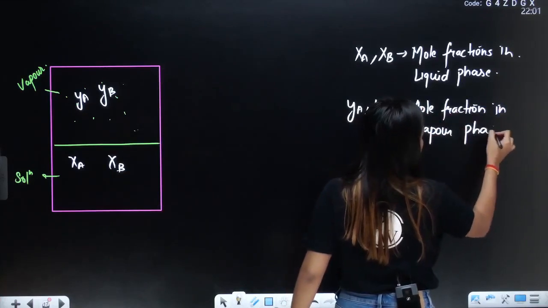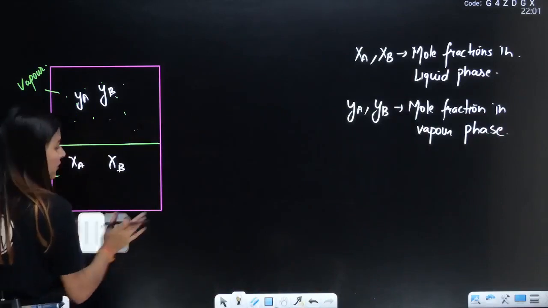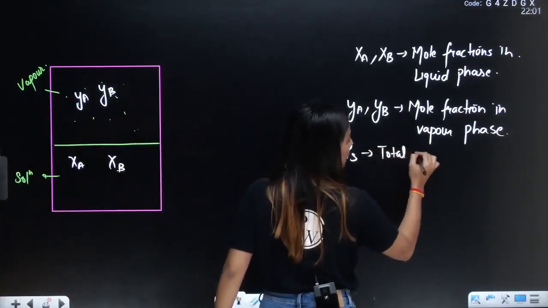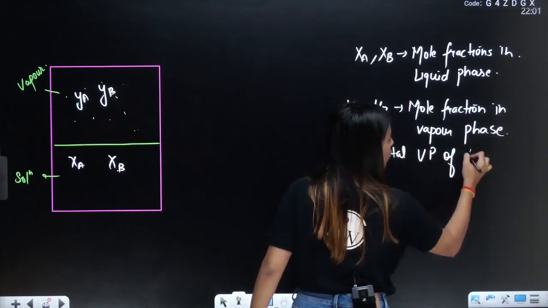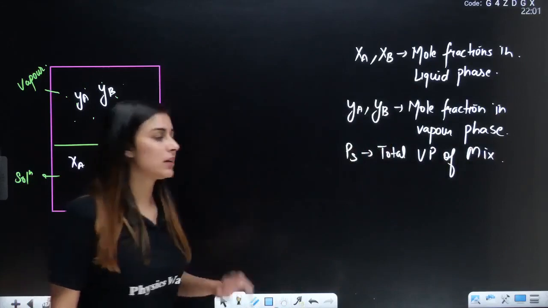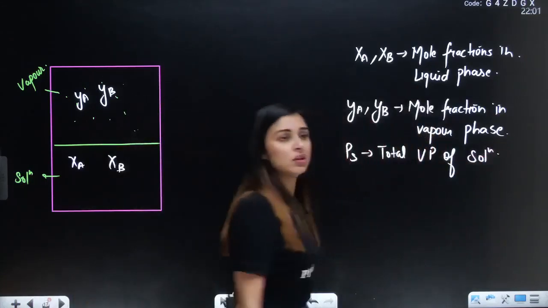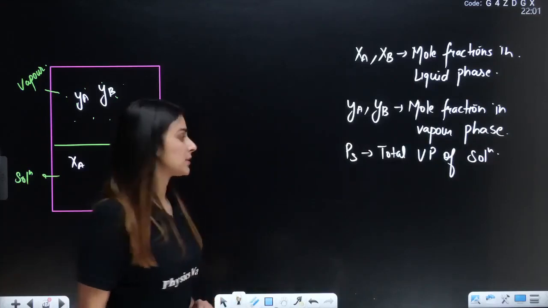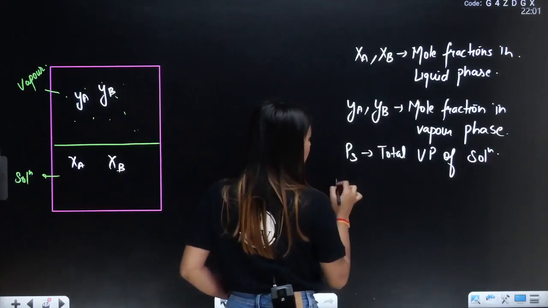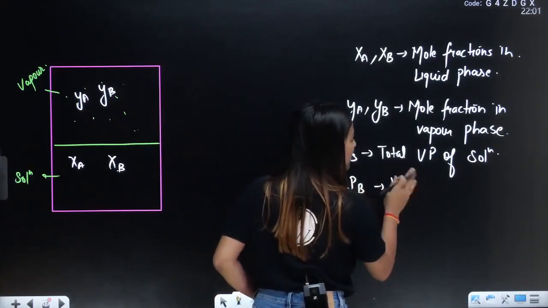And we know that PS is actually the total vapor pressure of the mixture or solution. Total vapor pressure of the solution. What are PA and PB, my dear students? These are the partial vapor pressures.